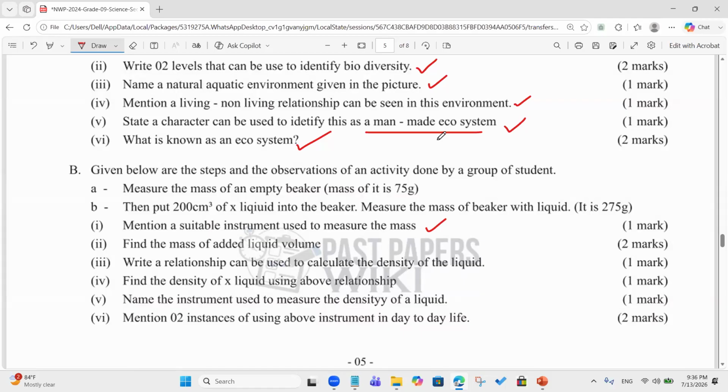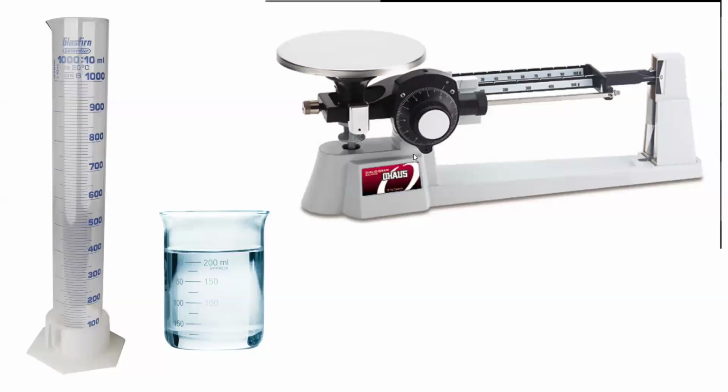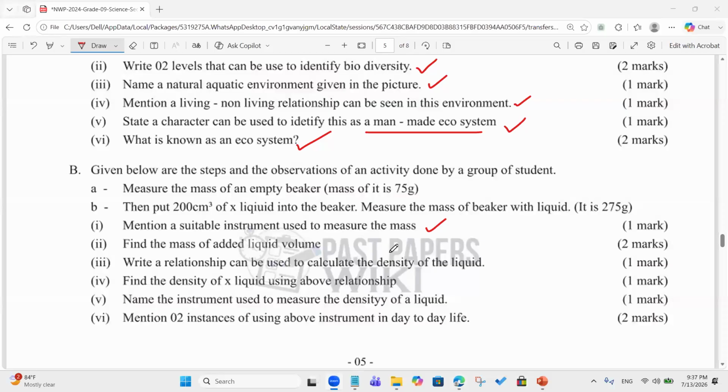What did we use in the density lesson to measure the mass of liquid? Triple beam balance. Yes, that's correct. We use the triple beam balance, and the other equipment is the measuring cylinder. And then we did some calculations in that lesson.